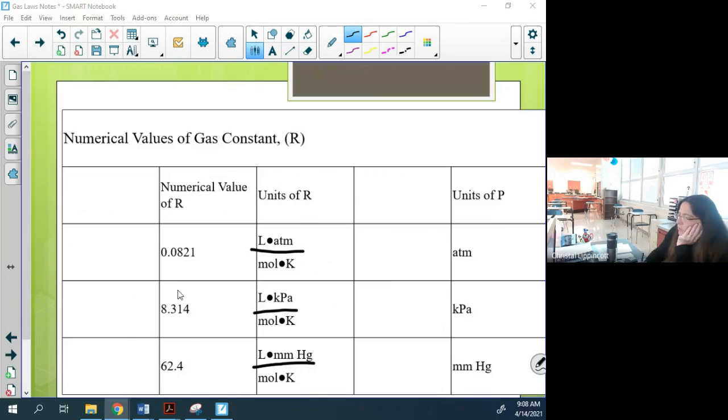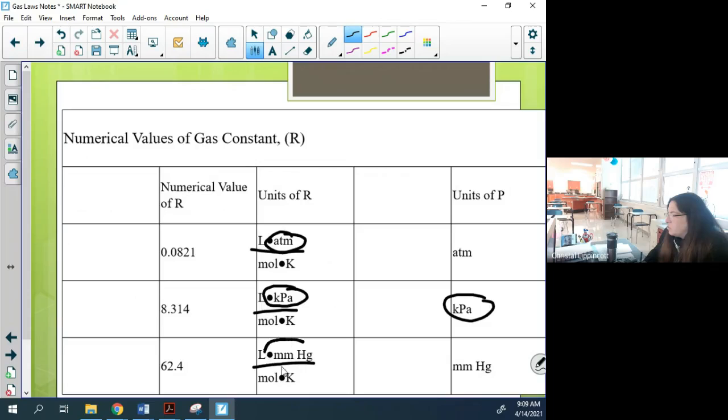Correct. Yep. You use that one because your pressure was given in kPa. Oh, okay. So see how you've got kPa written right here? Oh, okay. So you just look at what your pressure is given in, whatever your pressure is given in, that determines which one of these you're going to use. Okay, that's easy. That's doable.